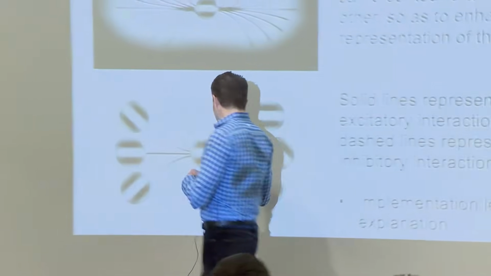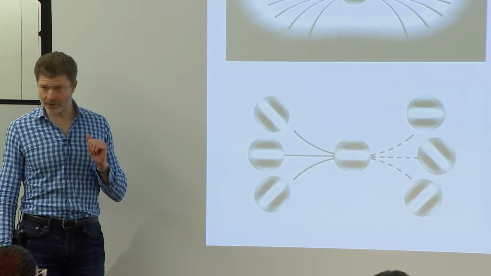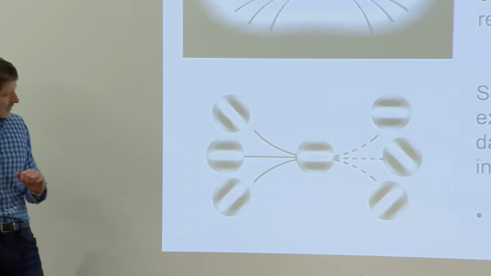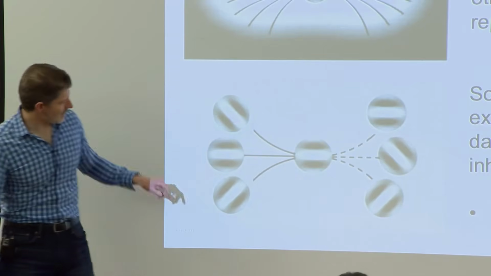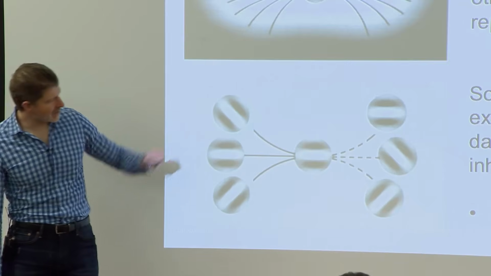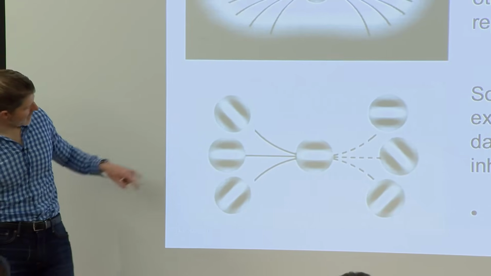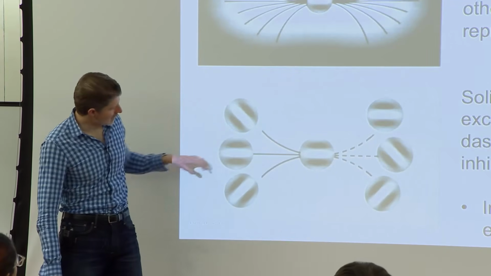So here, each one of these things now represents a receptive field of a single neuron. So it's located at a particular position in space. It's got a particular orientation. Okay. So these are different receptive fields of different neurons. The solid lines here represent excitatory interactions. The dashed lines represent inhibitory interactions. And so the notion here is that this receptive field and this one, or this one and this one, they would excite each other.